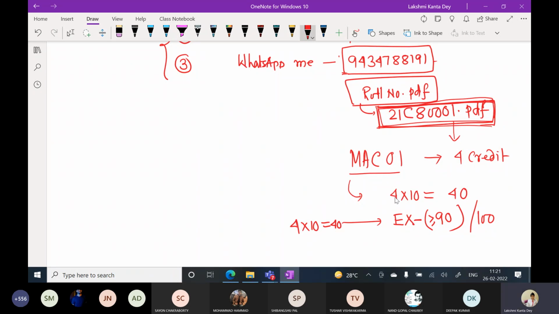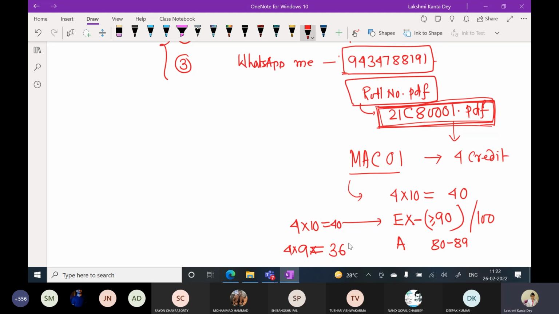So if you score 90, you get 40 credit points out of 40. Similarly, if it is 80 to 89, then it is 4 into 9, so 36 out of 40.